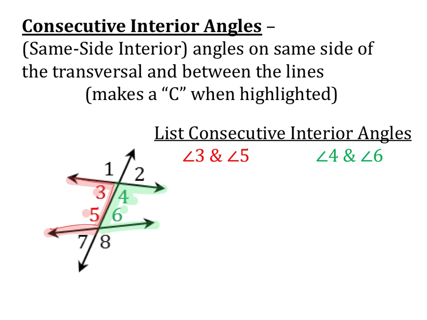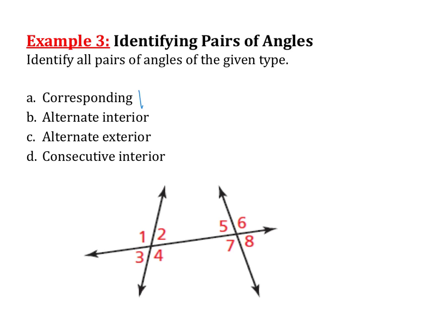All right, so let's practice with example 3, identifying these new pairs of angles. Identify all pairs of angles of the given type. Our first given type is corresponding. Remember, for corresponding angles, we can make an F shape and highlight sections. So we've got an F that we can make here, so 1 and 5.